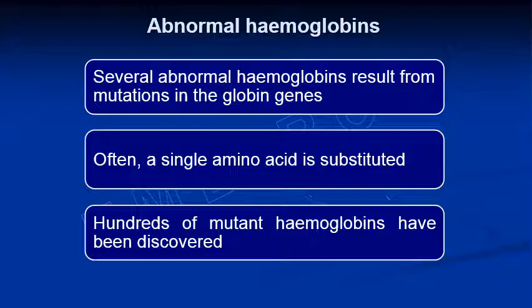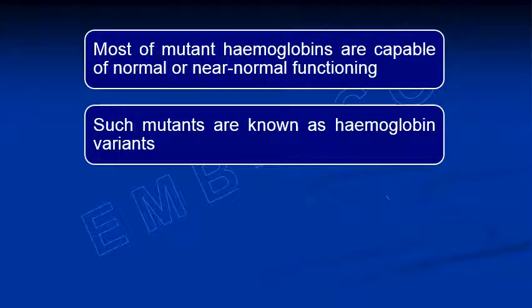Most of these mutant hemoglobins can function normally or near normally. If they can function normally or near normally, we'll call these variant hemoglobin. We will not call them abnormal hemoglobin, but we'll call them hemoglobin variants. Why? Because they can still function either 100% or near 100%.